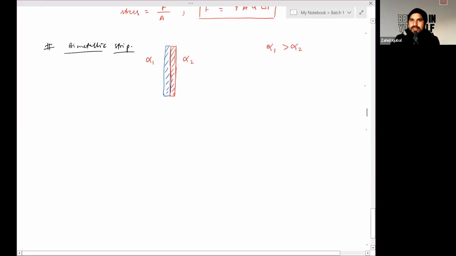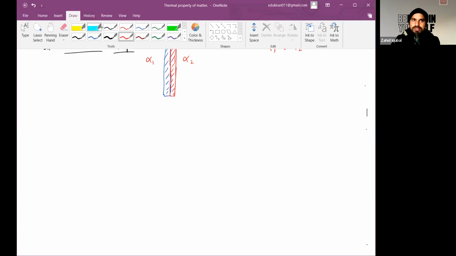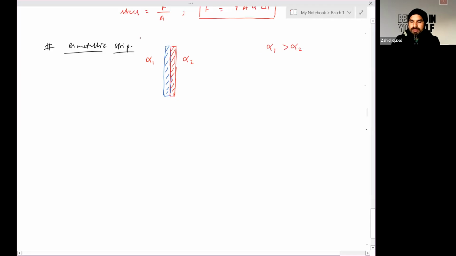What does this alpha actually tell us about? It simply defines the rate at which length will increase or decrease related to change in temperature. So the greater the value of alpha, the more the rate of increase in length as compared to change in temperature. And similarly, on decreasing temperature, it will tend to more contraction in length.